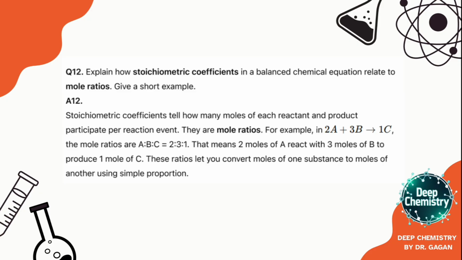So for every 2 moles of A and 3 moles of B, you get 1 mole of C. That's how we use equations to relate moles of one substance to another.